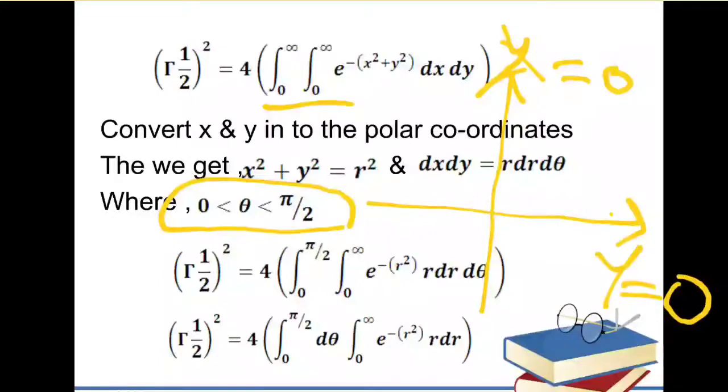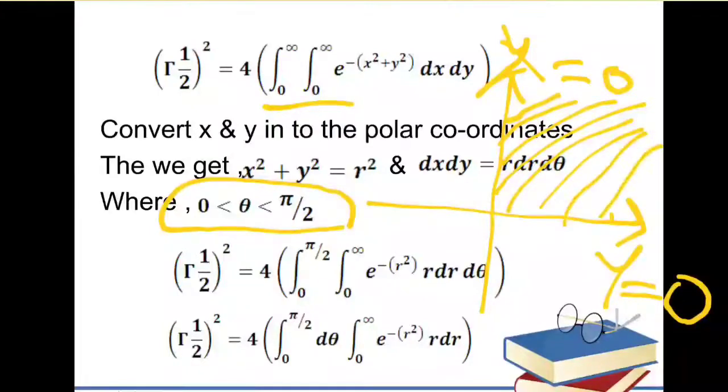On the x-axis we get some point at infinity, and from the infinity point we draw a straight line parallel to the y-axis. This infinity point is a very large number on the positive side of the x-axis, and from that point we draw the line parallel to the y-axis. In the same way y equals infinity is a line parallel to the x-axis, and if we shade the portion bounded by these four curves, then it is nothing but the first quadrant, which is the completely shaded portion.